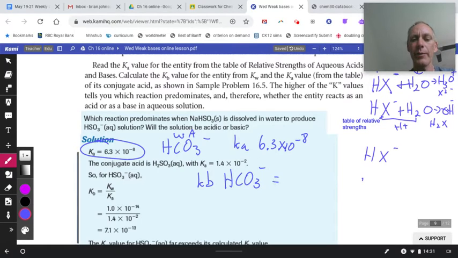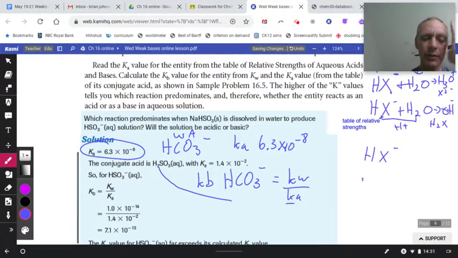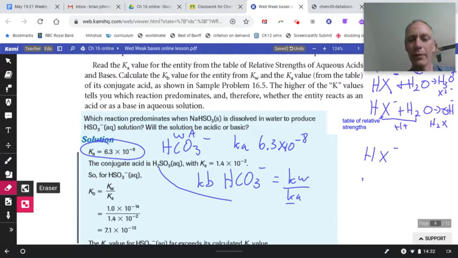The way we find Kb is Kw over the Ka of its conjugate acid. Whoops, I gave you the wrong one. Sorry, we're not doing HCO3 minus here. This example says H2SO3. This one I'll leave up here and you can look at it after. Okay, I'm messing this one up.